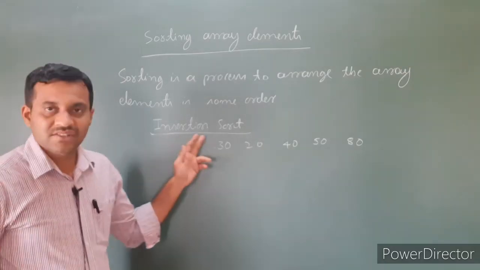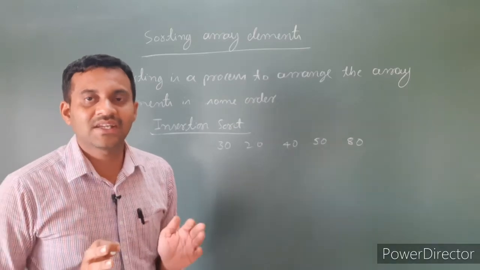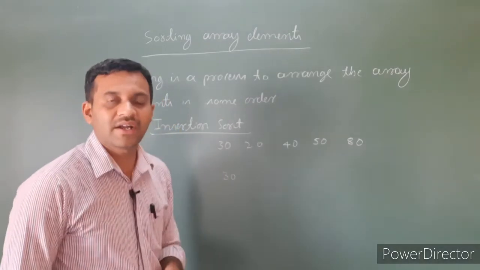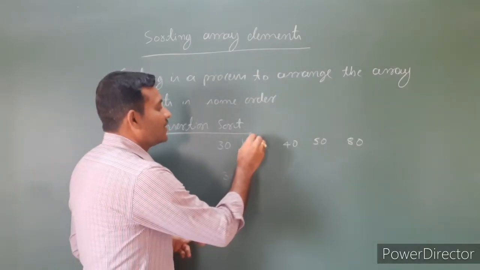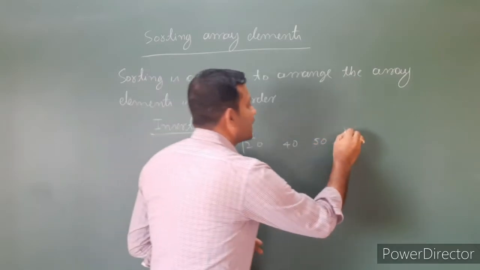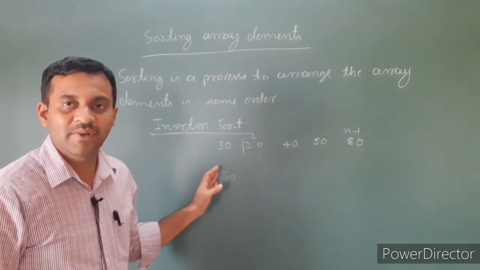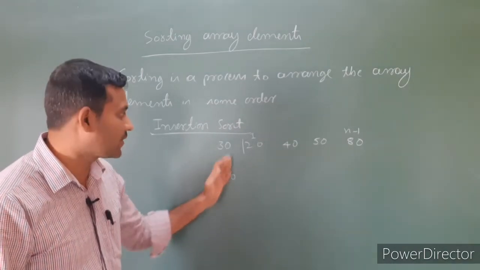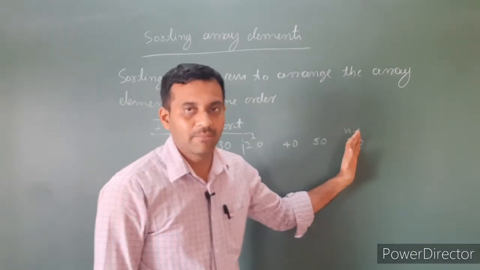In insertion sort, first we assume that the first element is a sorted element. We implement insertion sort from position one to n minus 1, not 0. So we start the sorting technique from the second element to the n minus 1 element.